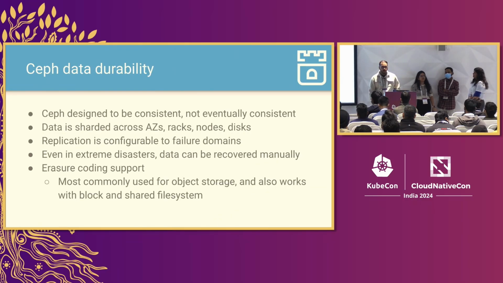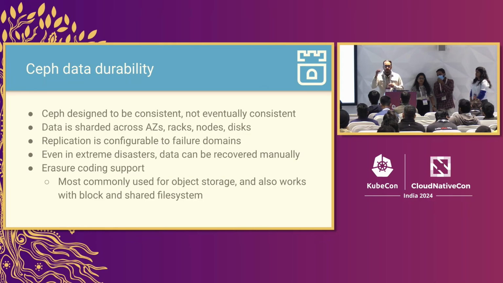And talking about how durable Ceph is, Ceph is designed for consistency, not like other platforms that are eventually consistent. So if you are storing something in Ceph and it's acknowledged, you're good. The data would be stored perfectly there. How Ceph does this internally is that it shards the data into different PGs.